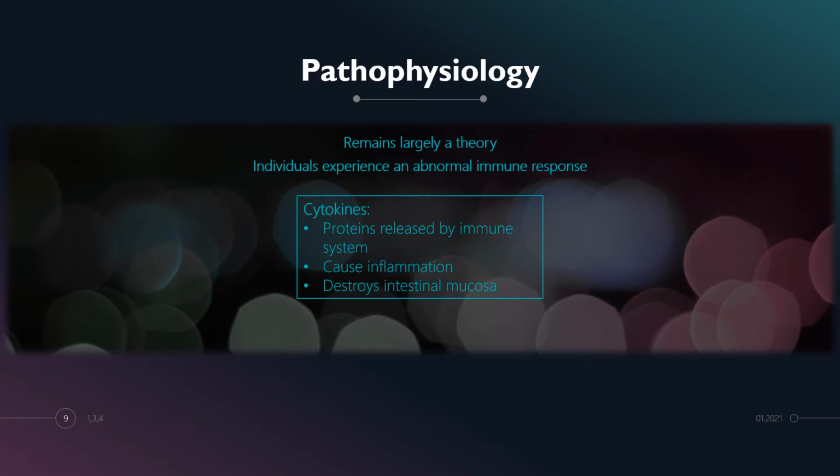When you have IBD, it's normal to see episodes of remission and also episodes of flare-ups. Usually, Crohn's disease impacts any portion of the GI tract from mouth to anus. According to some research that I found, 75% of patients who experience Crohn's disease have some sort of small intestine involvement.